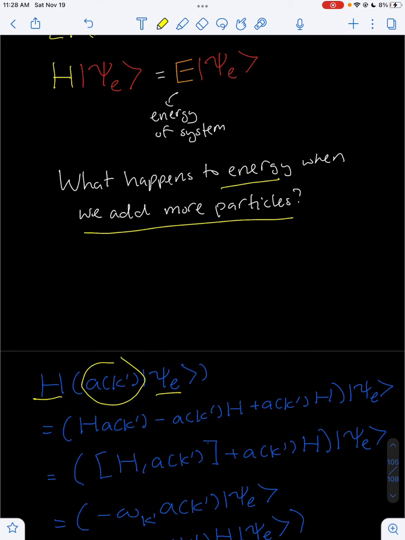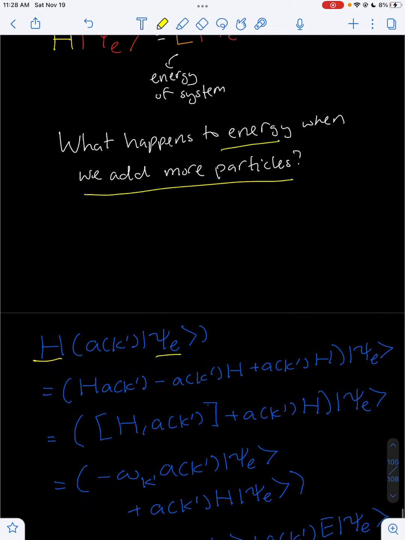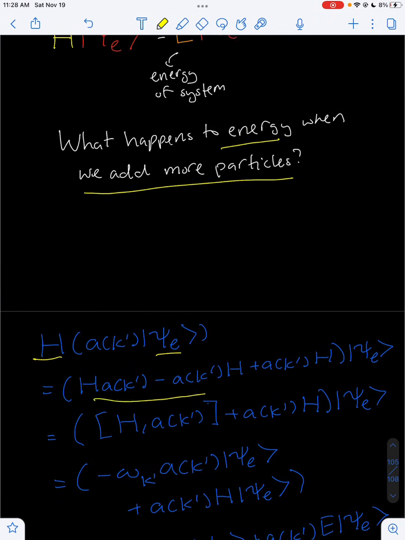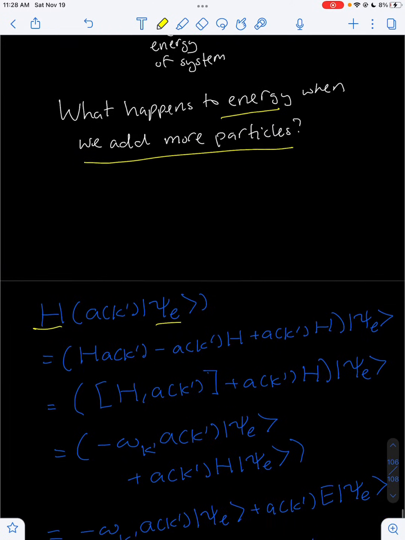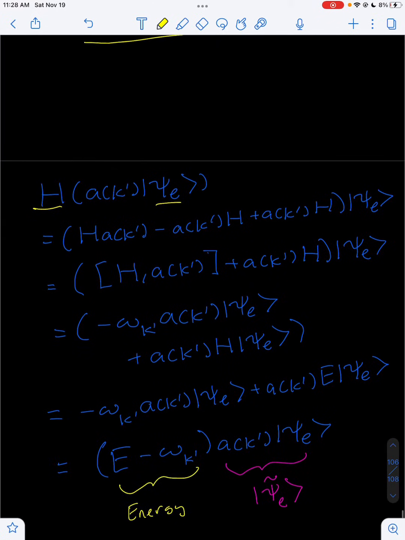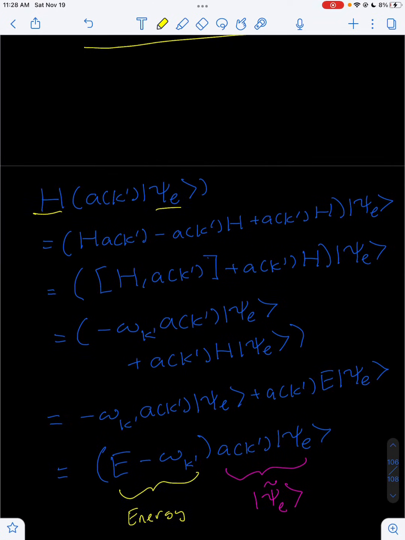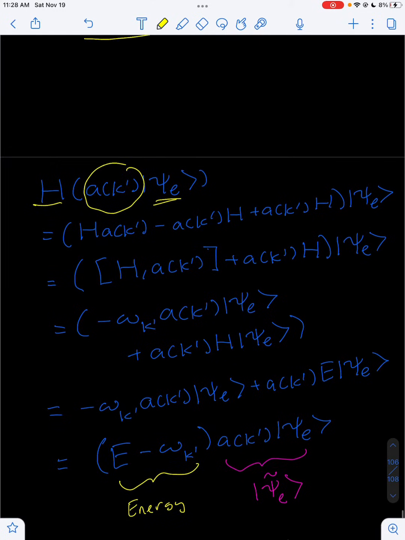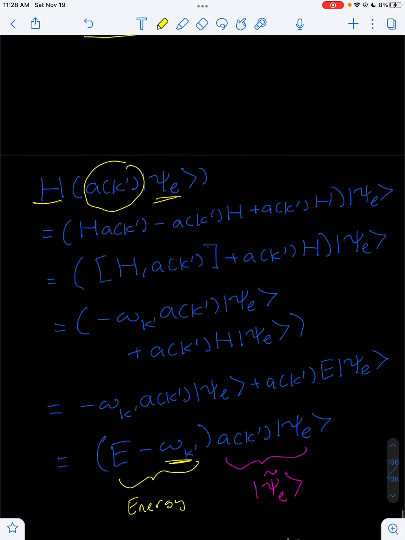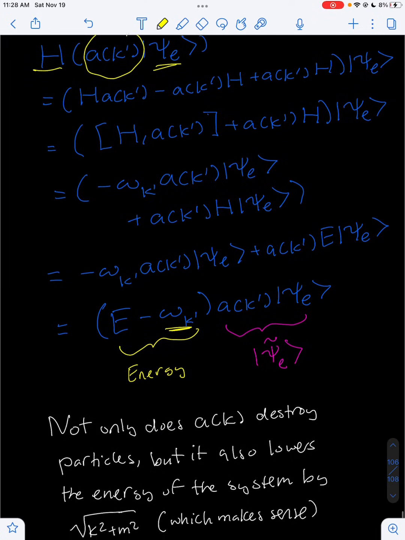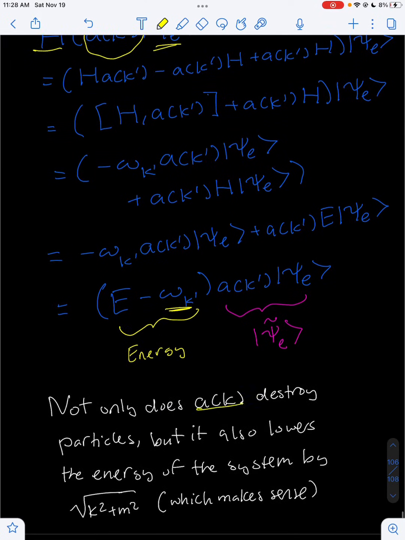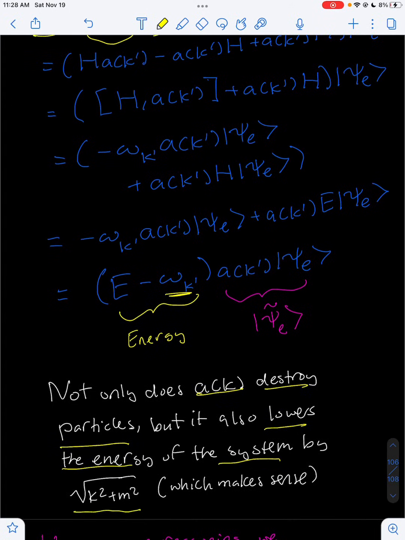So by doing that and doing some more math, we will find that this over here is just equal to this over here, and by doing more algebra, we will find out that when our annihilation operator acts on some energy eigenstate, it will lower the energy by omega k prime. So not only does A of k destroy particles, but it also lowers the energy of the system by the square root of k squared plus m squared.